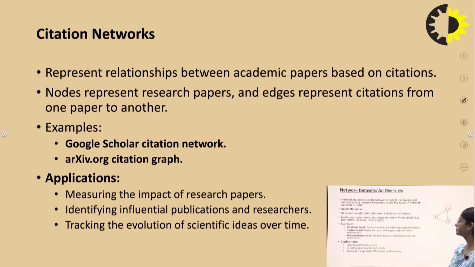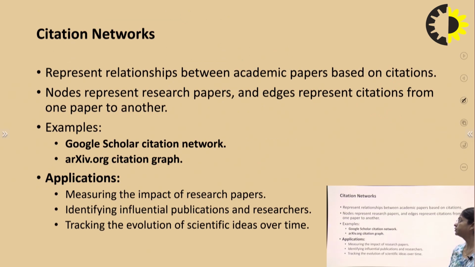Next, citation network. You must have heard the word cite. When you write any paper, if you take a reference from any other paper, you cite that particular paragraph or sentence from that author through that paper. So a citation network shows how people, users, or organizations are connected to each other.